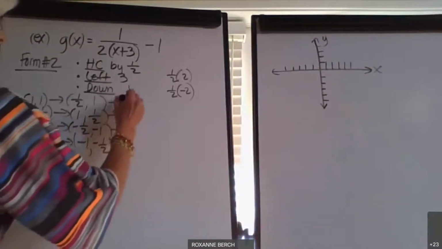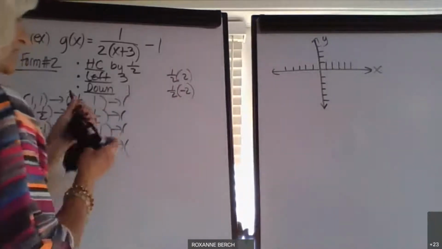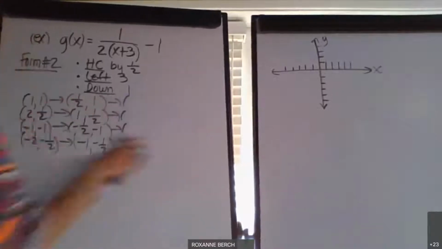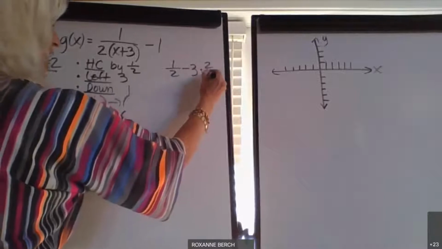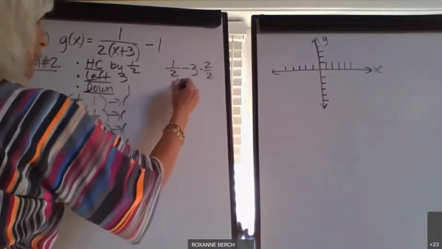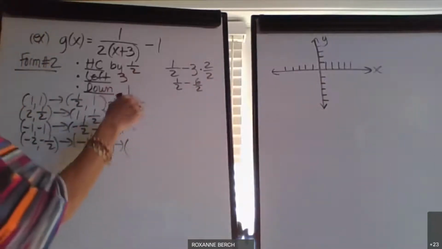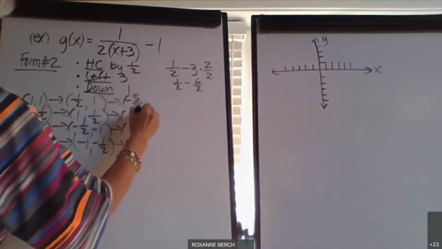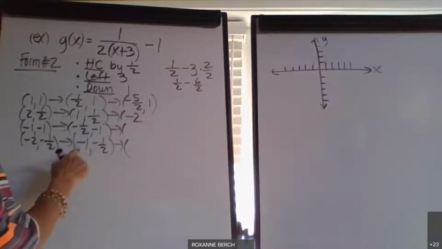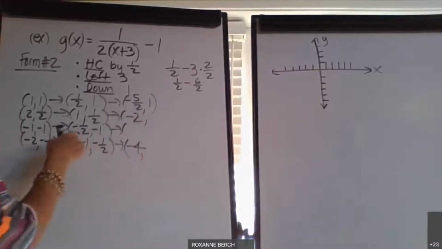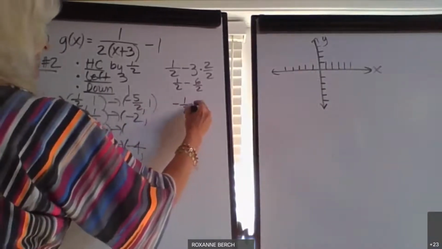Okay, so left 3, so this is where it gets crazy because you have to take, let me erase this now, 1/2 minus 3, and you have to get a common denominator, which would be 1/2 minus 6/2, which would be -5/2. Subtract 3 from -1 would be -2. Subtract 3 on this one would be -4. But this one is going to be what? -1/2 minus 3.